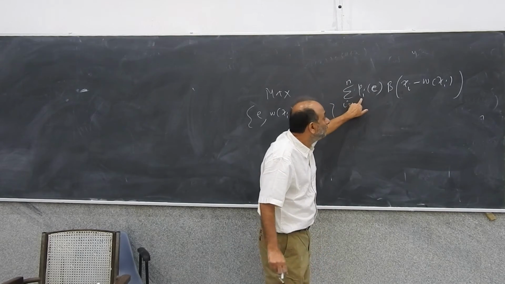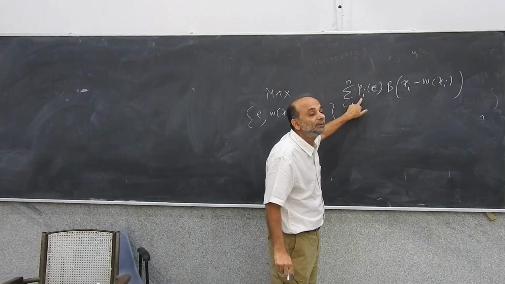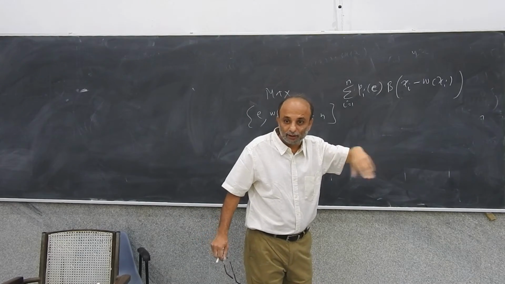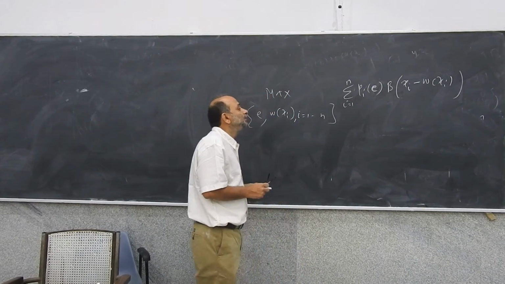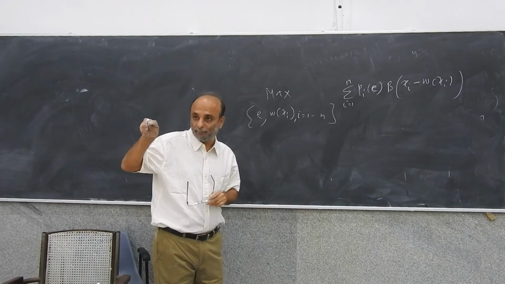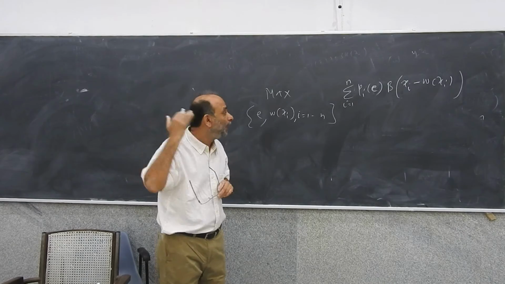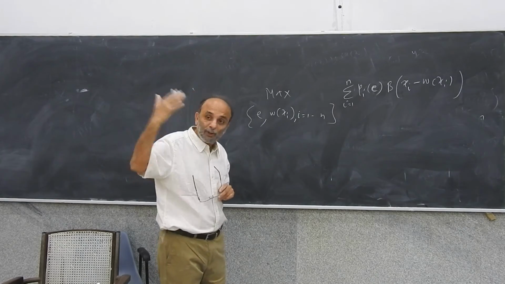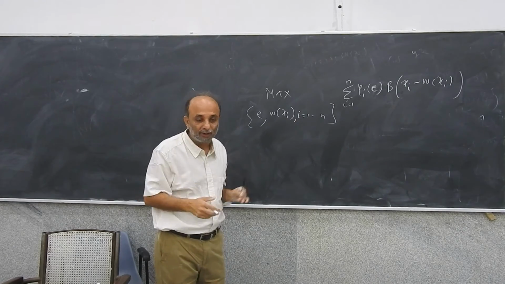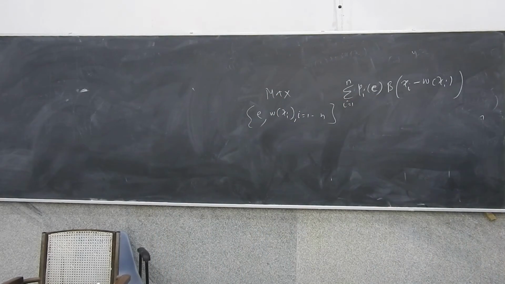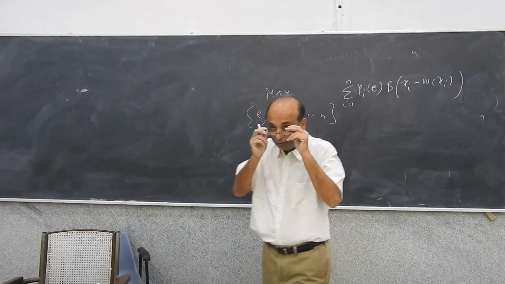But he really wants to maximize the expected value of this. So what he's doing is x1 minus w x1 into p1 plus x2 minus w x2 into p2 plus x3 minus w x3 into p3. It's that kind of an objective function. So this is the expected benefit to the principal from the transaction, right? Expected benefit to the principal.